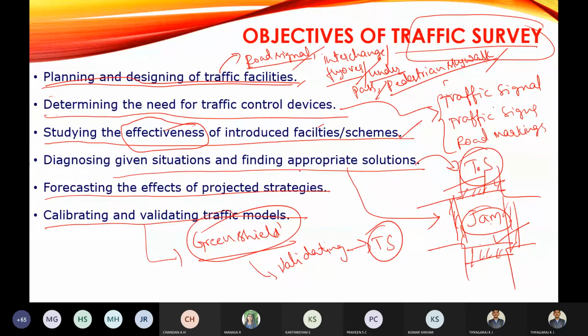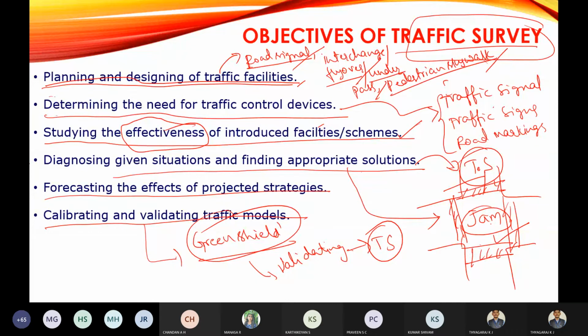So these are the 6 objectives which are necessary for conducting a traffic survey. One is planning and design of traffic facilities, determining the need for control devices, then studying the effectiveness of introduced facilities, then diagnosing the situation and finding appropriate solutions, then forecasting the effect of projected strategies.